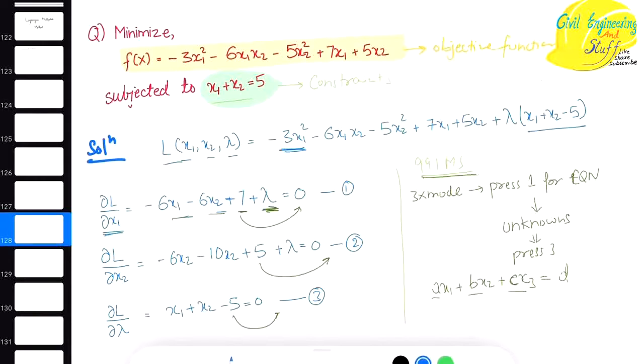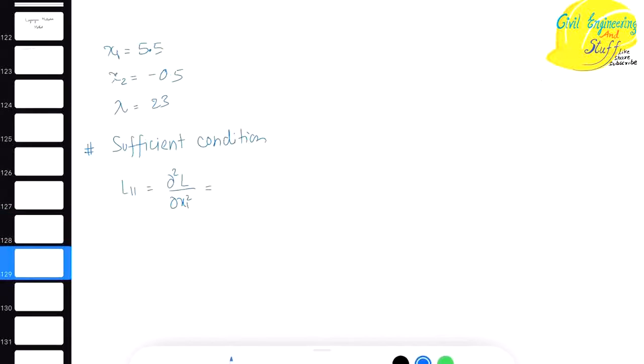On differentiating again, the value will be minus 6.